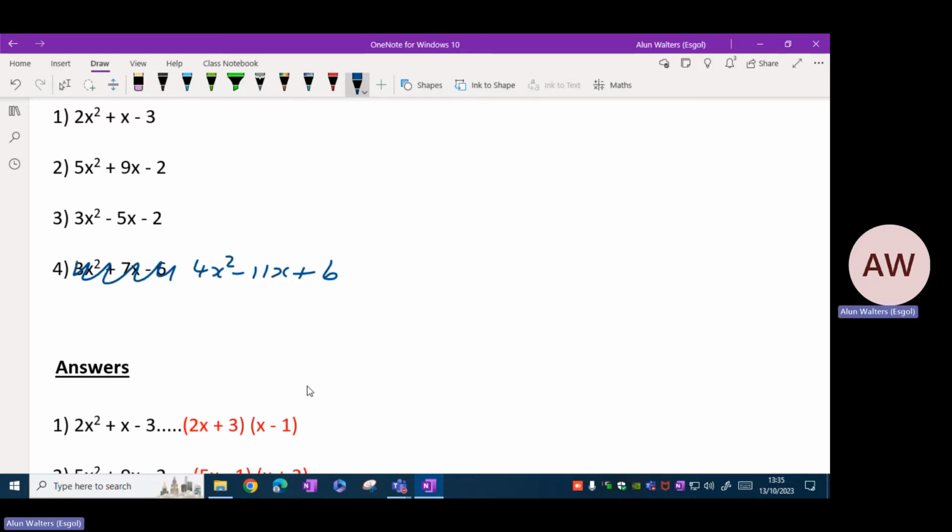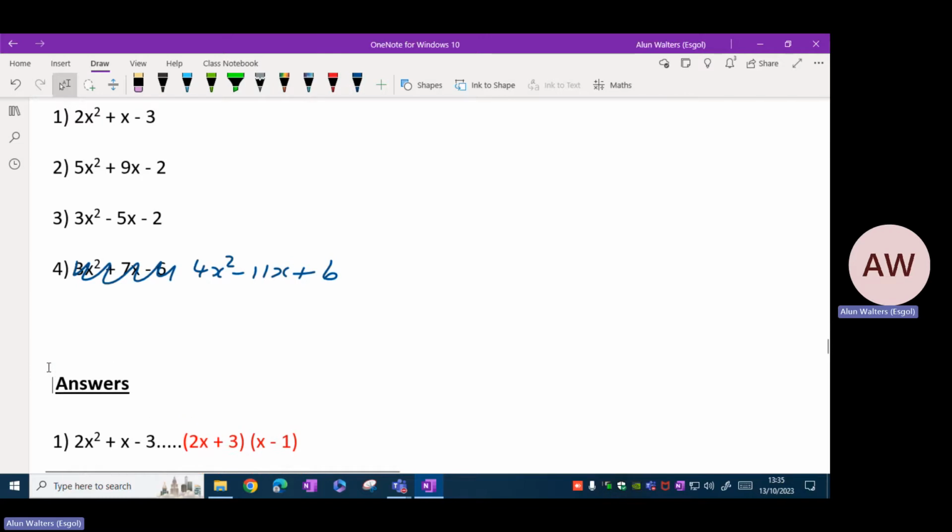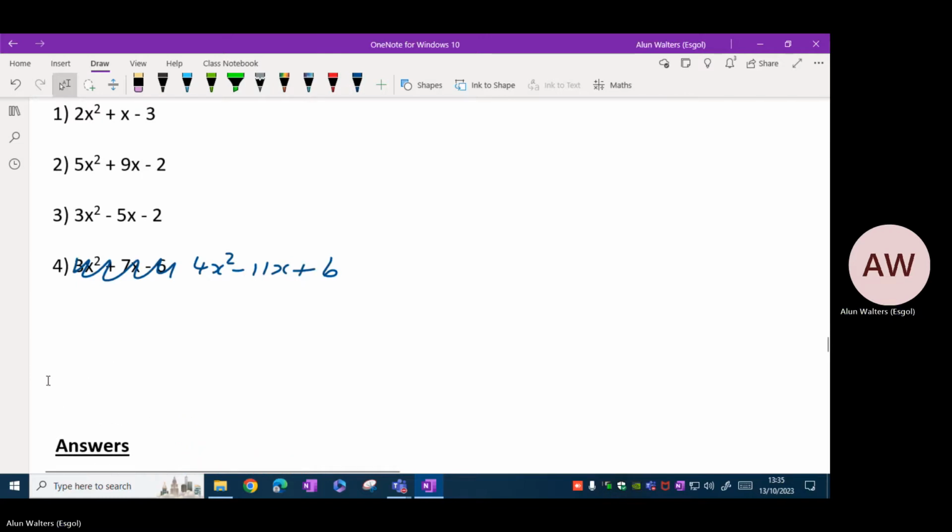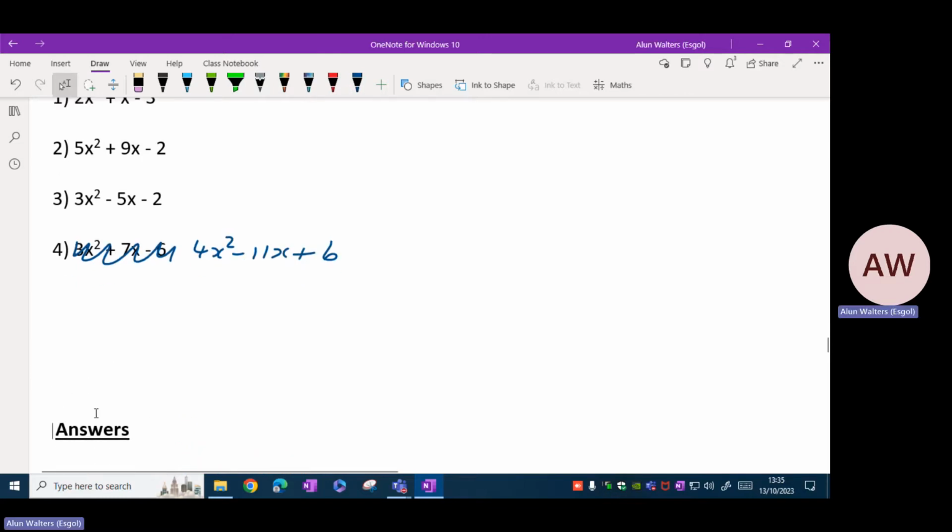I'll just focus on this question because there's a little bit of difficulty with this question. People often miss this out. So make sure you try this question before I show you.